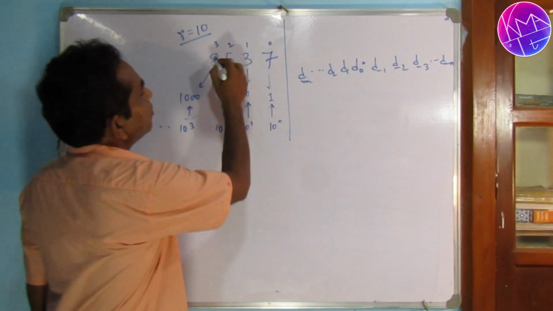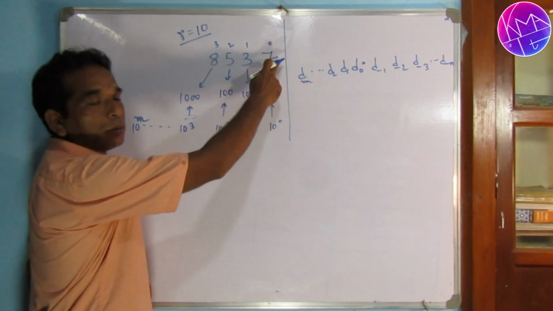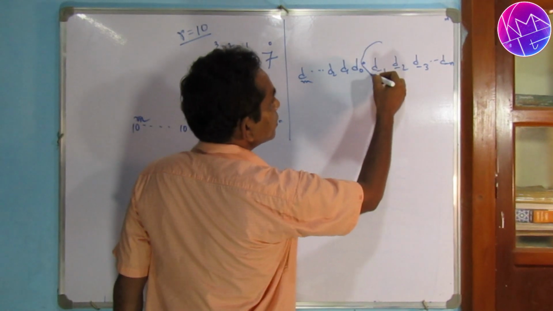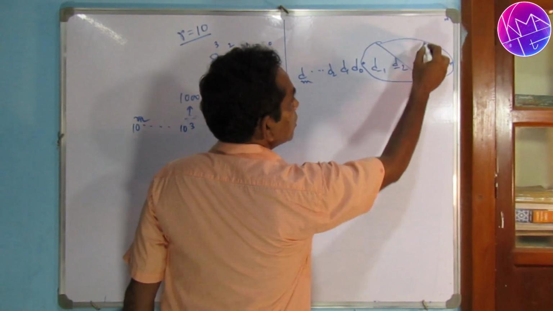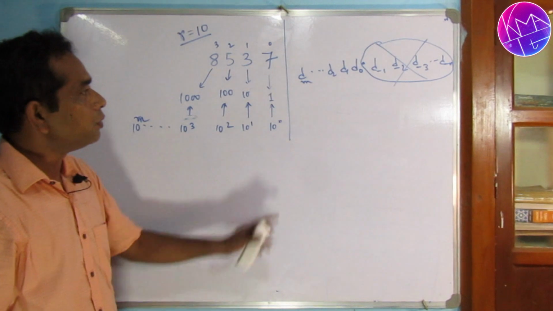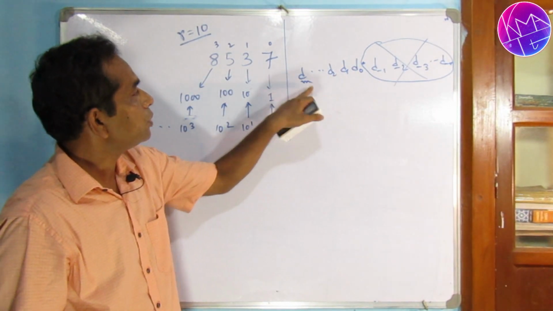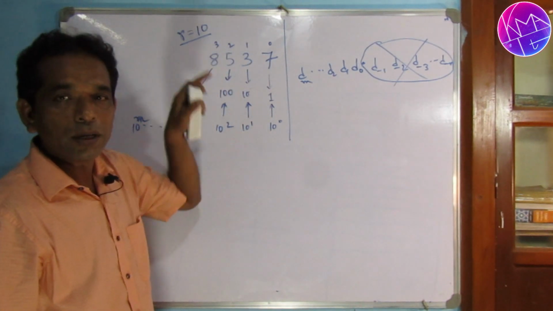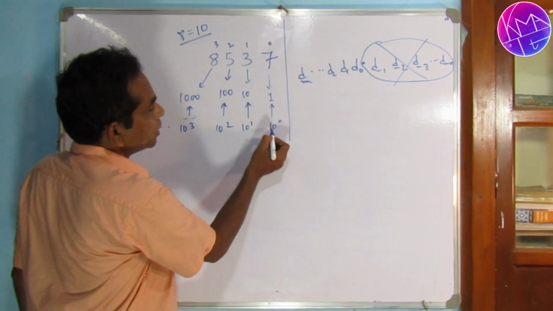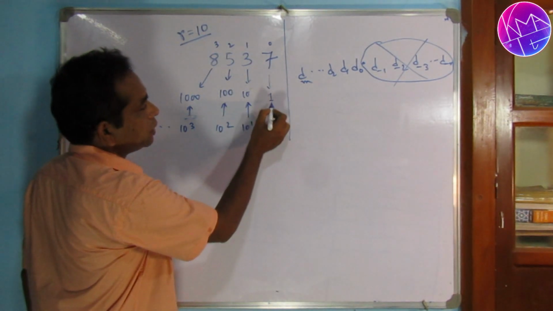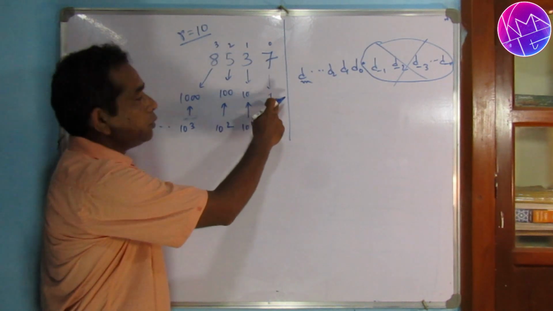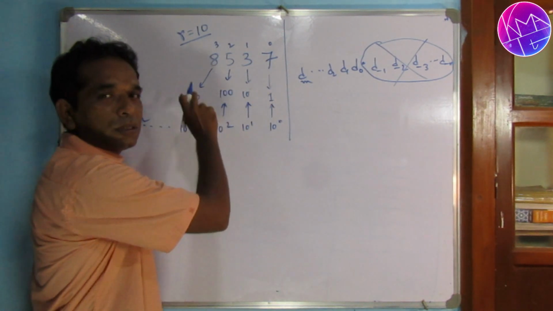And this number doesn't have any fractional part, so that's why in our example this portion is off. Okay, only the integral part is there. So this D0, 1, 2, 3, these are the position value, position number. So base to the power position is giving you this unit, tens, 100, 1000, these positions.